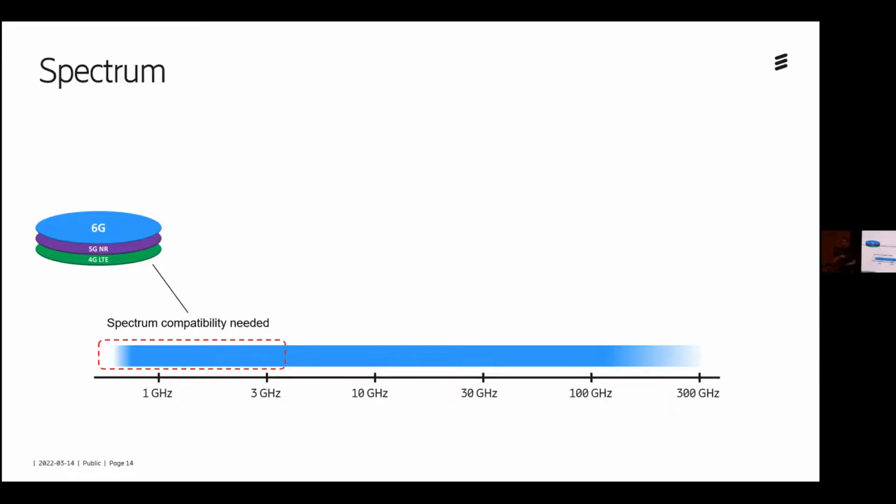We had a mechanism so that the 5G carrier can be put on top of a 4G carrier and they can coexist. I think we can do it even better than what we did in the 5G case. So let's try to do that in 6G by learning from what we did in 5G. That would allow an operator to gradually introduce 6G in this lower spectrum where they already have 4G and 5G running. So a very important piece of spectrum, and very important that we can introduce it in a smooth way.